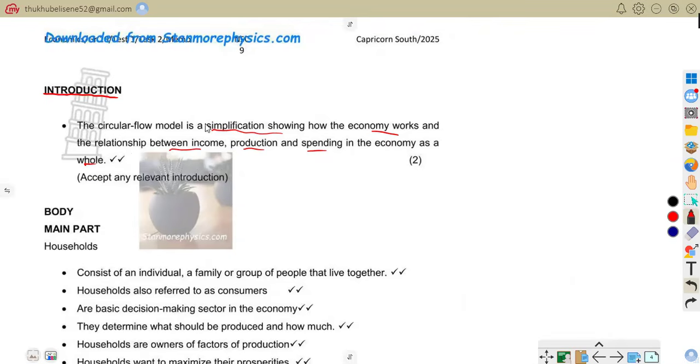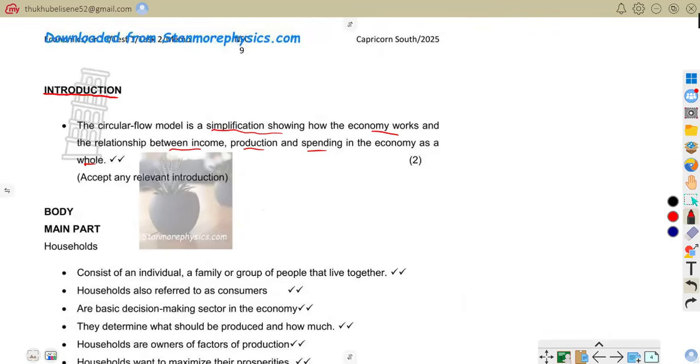What this means is that the circular flow model shows how money and goods move between households, business, and government. For example, a household works for business and earns wages, then uses that money to buy goods from the business. So that is what it means. Hope we are together on that.